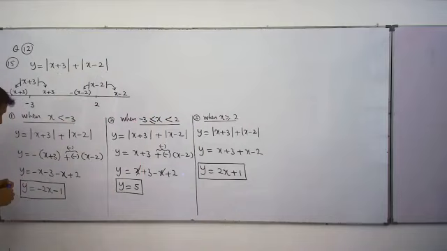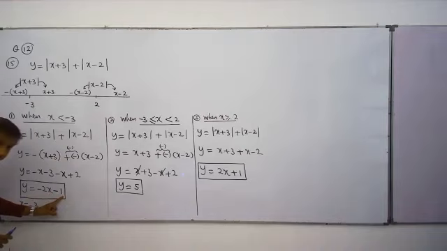Once I put x equals minus 3, what do you get? Put minus 3 here, minus 2 minus 3 is plus 6. Plus 6 minus 1 is 5. So y equals 5.